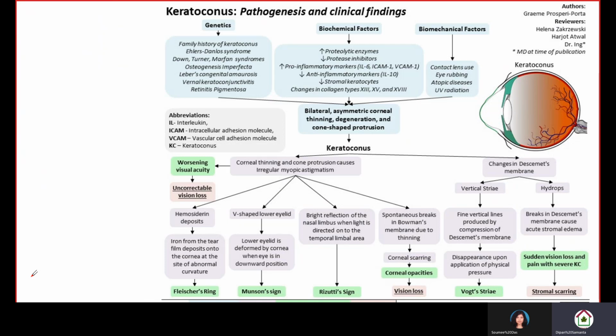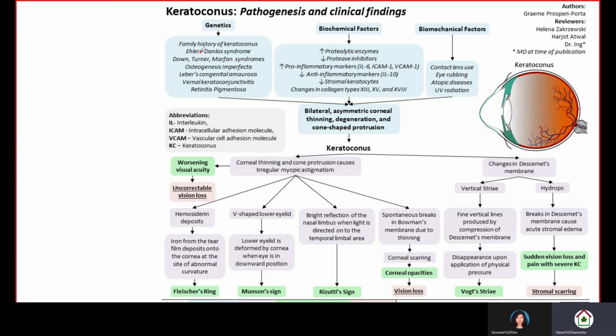Okay. So in keratoconus, what happens? Firstly, as part of the etiology, we can see the genetics. As part of the genetics, you see family history of keratoconus.